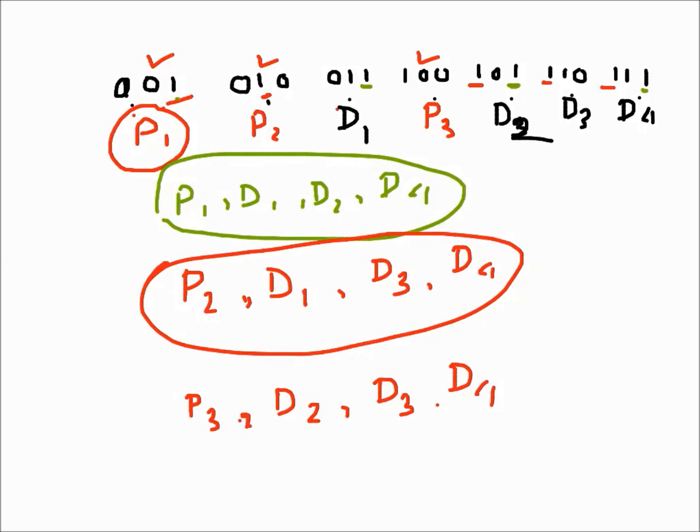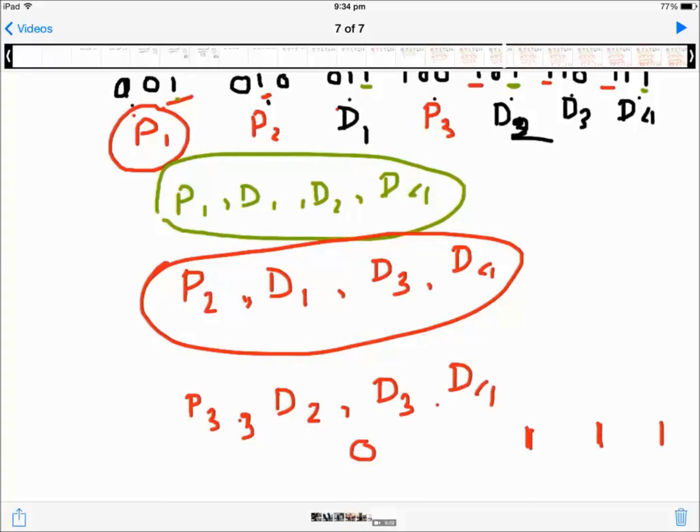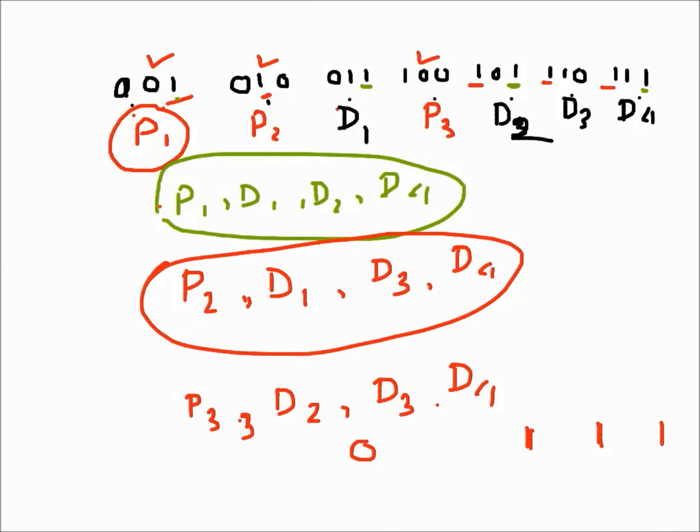Let's see how they will be formed. Say we have data 0, 1, 1, 1, and we want to form an even parity. That means the total number of ones has to be even, since it's even parity. So P1 will go with D1, D2, D4.